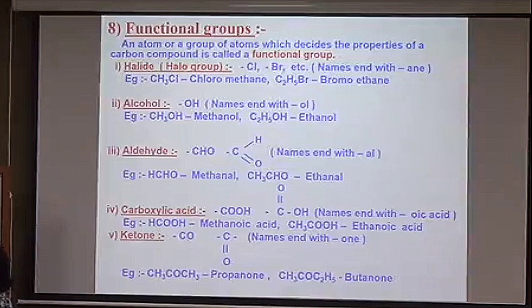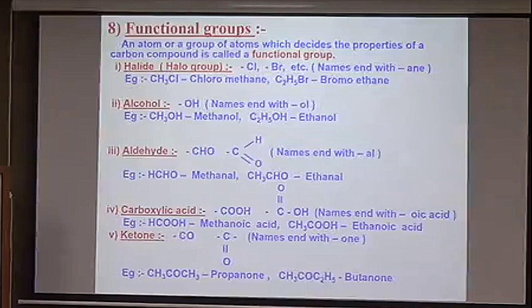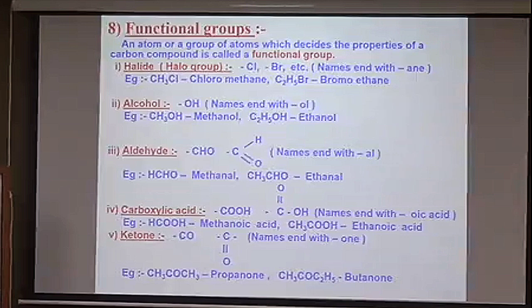Right? This way, these are the functional groups, the atoms or groups of atoms which give special properties to the carbon compound. As I am taking one example, let it be alcohol. The simplest alcohol has 1 carbon atom.